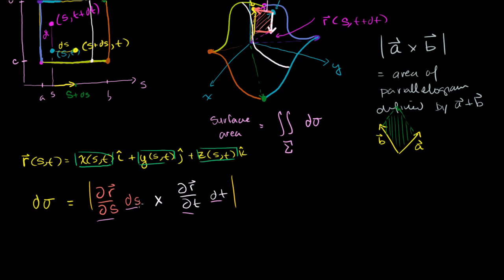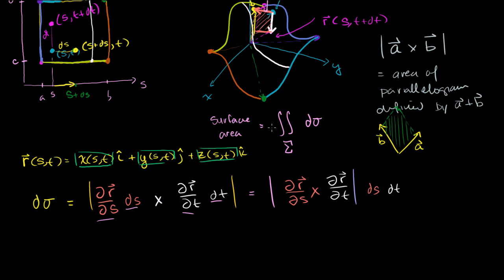So if we take this number and that number, we essentially factor them out of the cross product. This is going to be equal to the magnitude of the cross product of the partial of r with respect to s crossed with the partial of r with respect to t, and then all of that times ds and dt.